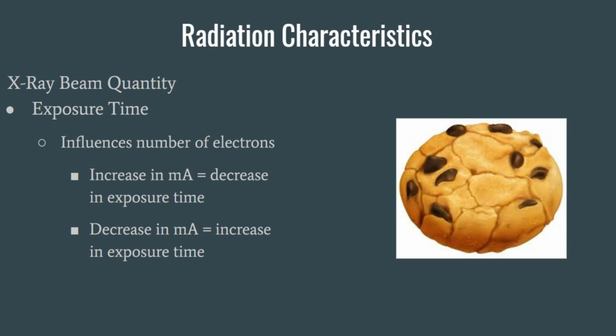A decrease in MA is an increase in our exposure time. This is known as your milliamperes per second. So how is the MA working with your exposure time? The more exposure time you have, the more MAs you're going to have, the more electrons you're going to have.